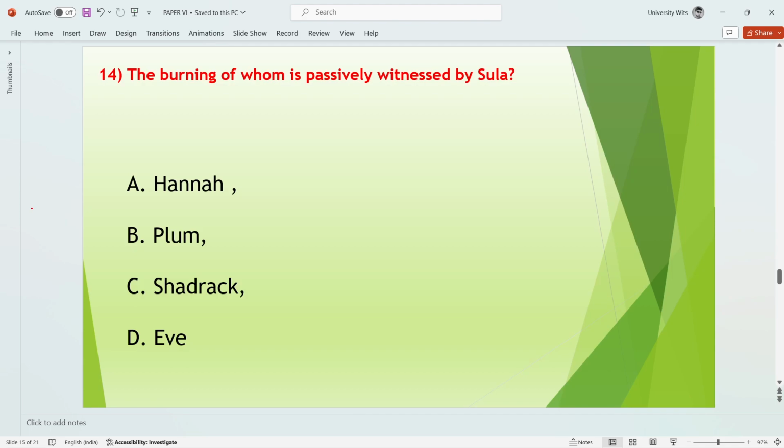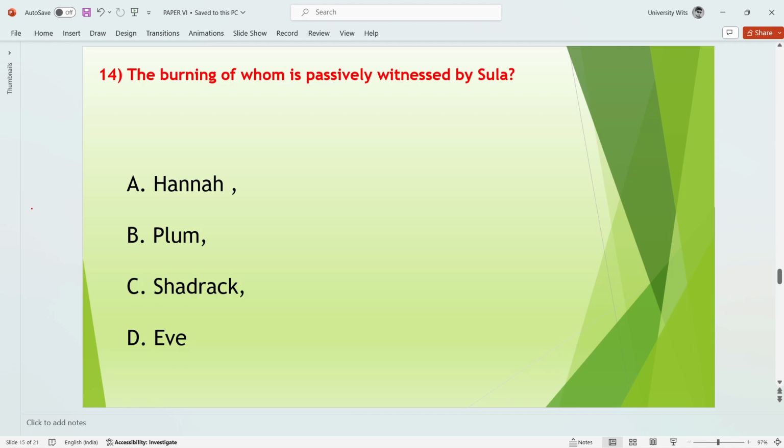Because if you read this novel, then obviously you will get Hannah, Sula's mother, accidentally catches fire and burns to death. The narrative describes a young Sula witnessing the event from the porch, but not actively trying to help.